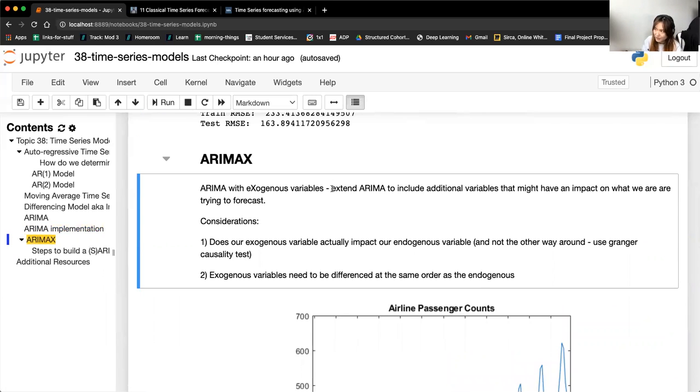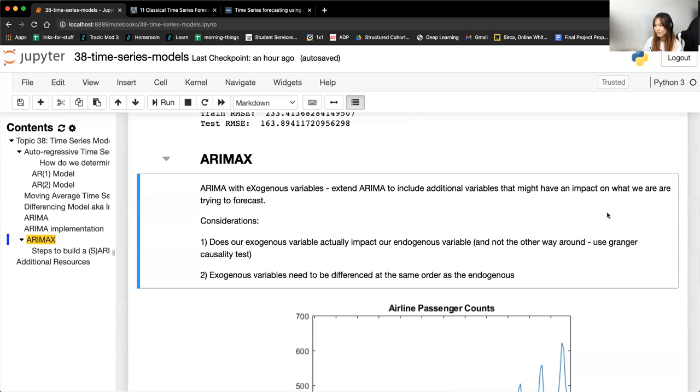ARIMAX extends ARIMA to include additional variables that might have an impact on what we are trying to forecast. Most commonly, people doing stock prediction projects include the price of other stocks. Maybe they include bonds, or yields, is that a thing? So you're not just using something by itself to predict future prices.